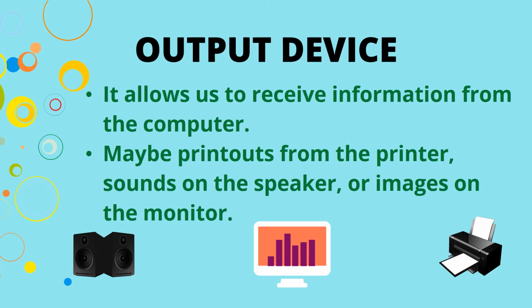It may be in the form of printouts from the printer. It may be in the form of sounds on the speaker. It may be in the form of images on the monitor. So, there are many output devices such as speakers, monitor and printer.